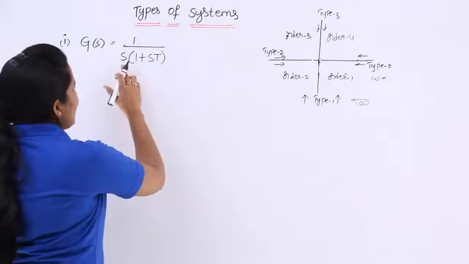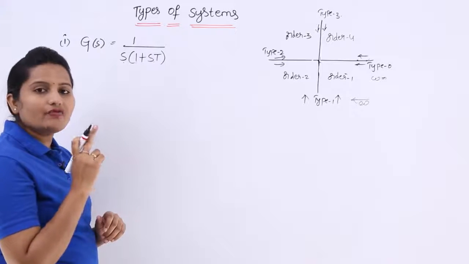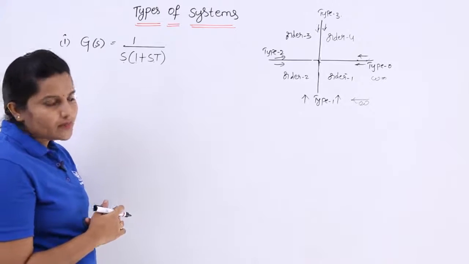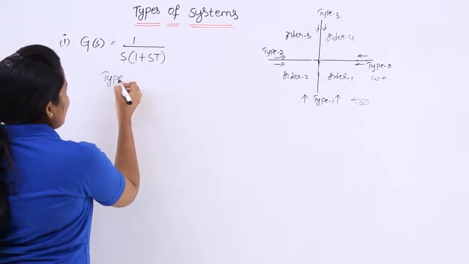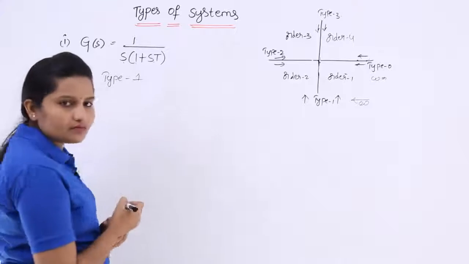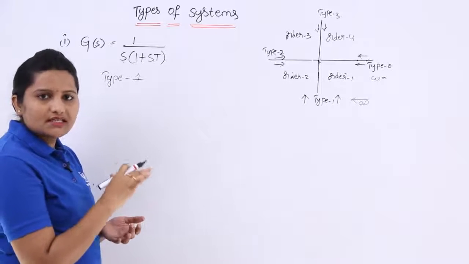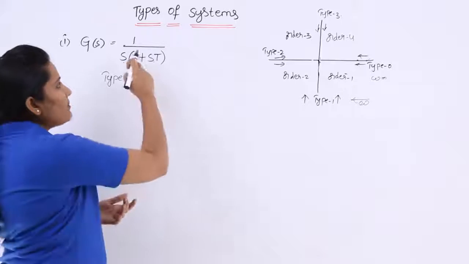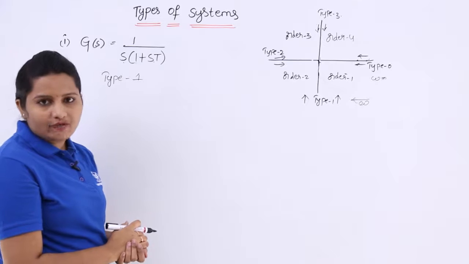Now here I am having an s term, which means I am having 1 pole at origin. The number of poles of the system at origin defines the type number. As I am having 1 pole at origin, I can say this is a type 1 system.